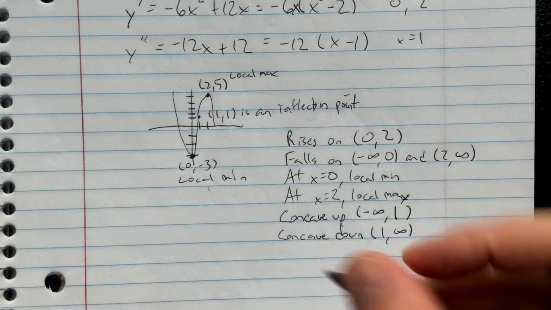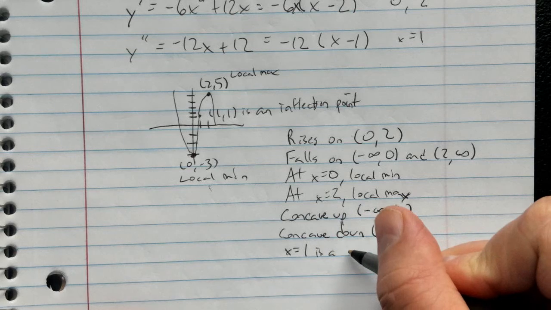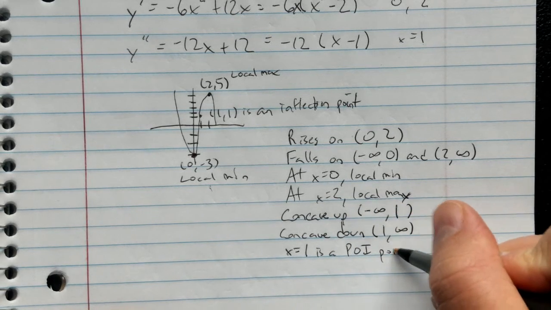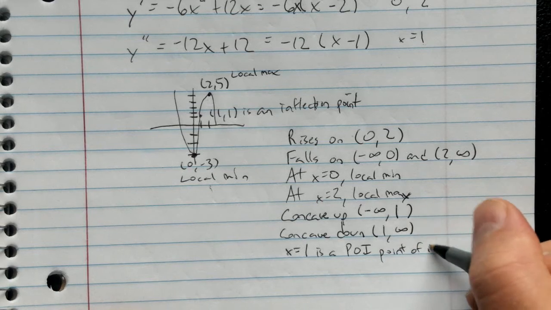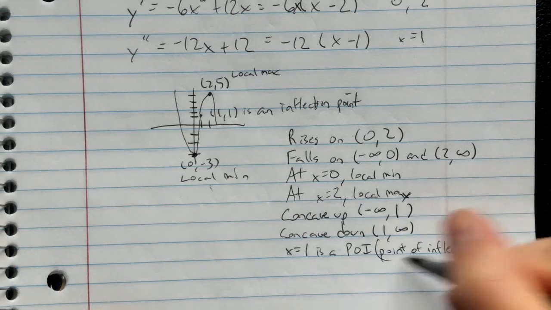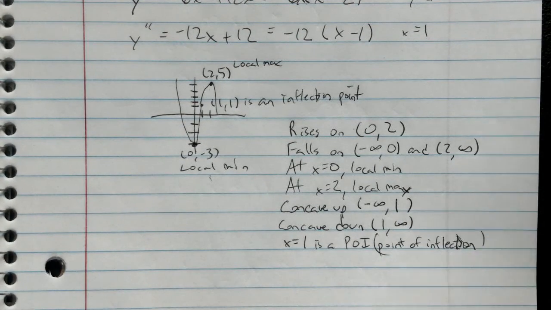And again, x equal 1 is a POI, which is the point of inflection. Okay, so you basically need all of that for 13.